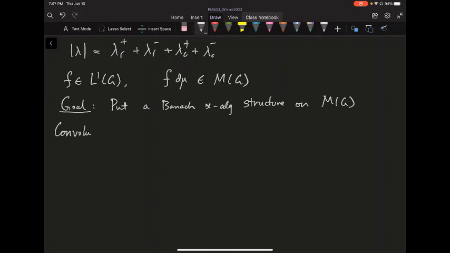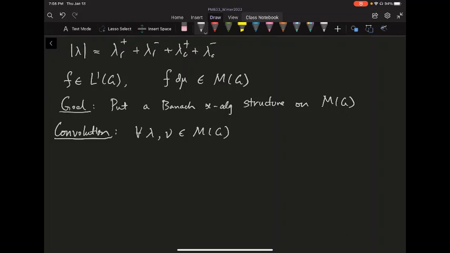So let's do the convolution. So now I need to have for every, say, lambda and nu inside the M of G, two Radon measures, I want to define what's the convolution measure of these two measures. Okay, so we know the M of G is the dual space.